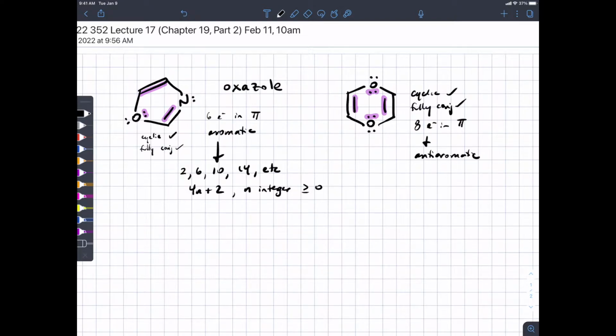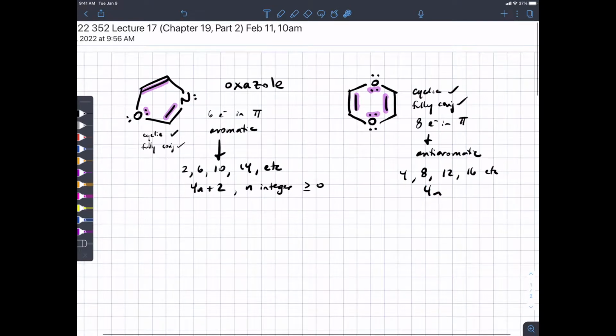Whereas anti-aromatic compounds have multiples of 4, 4, 8, 12, 16, etc., following the pattern 4n. So the n, remember, doesn't mean anything. It's just an integer that defines the series. Molecules that are cyclic and fully conjugated and have 6 electrons are aromatic. Same with molecules that are fully conjugated cyclic but only have 2 electrons, and so on.